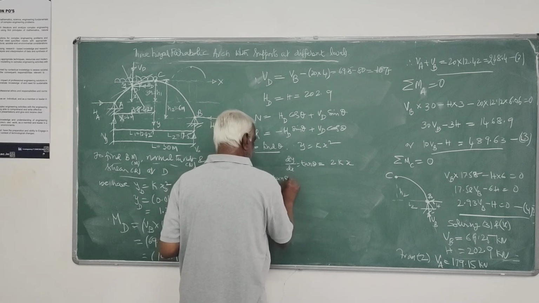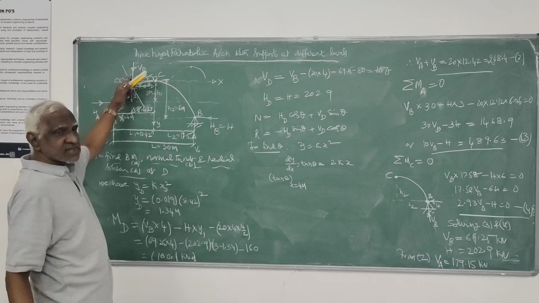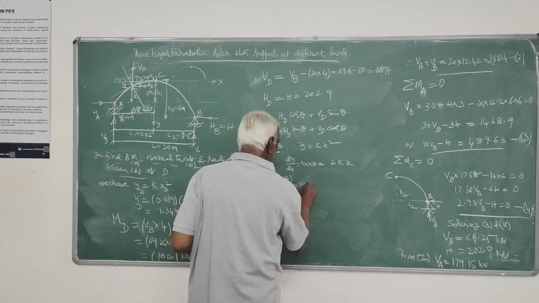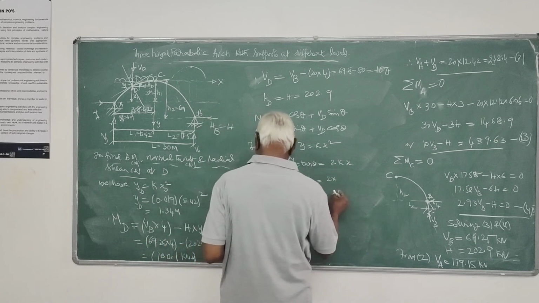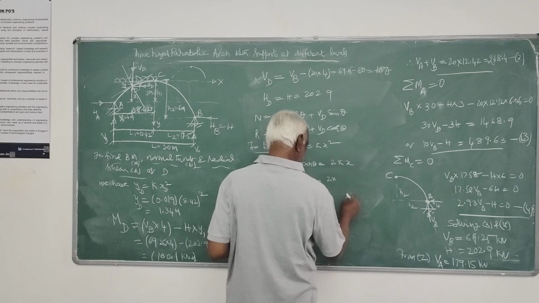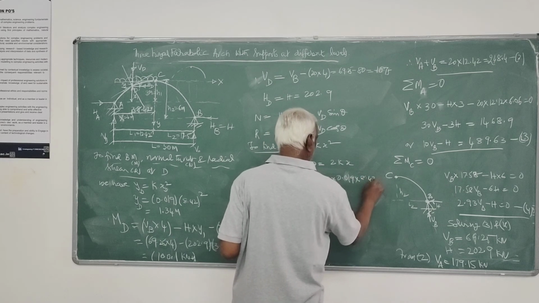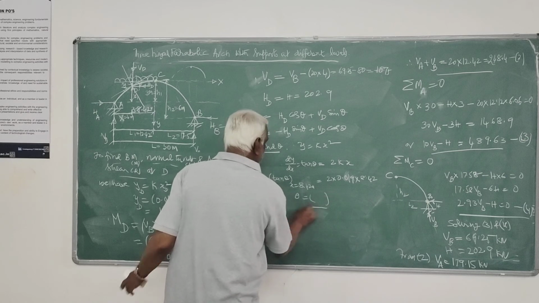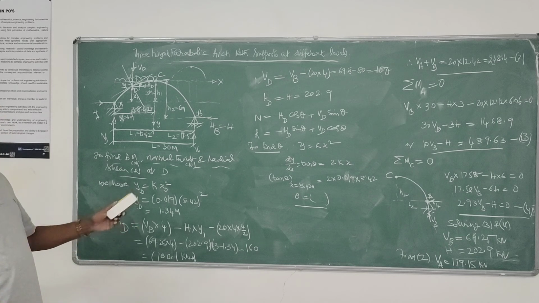So tan theta at x equals 8.42 meters, not 4 meters, is 2 into k, which you have worked out as 0.019, into 8.42. You can find out theta from this. Substitute that value to get normal thrust and radial shear. Theta is 17.7.